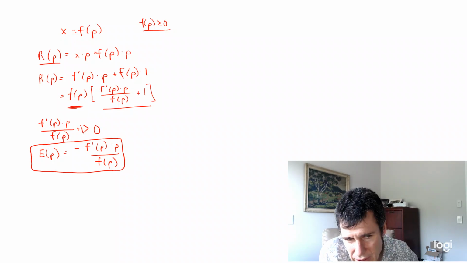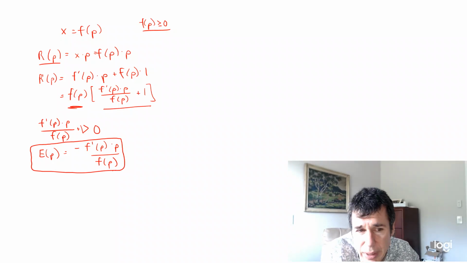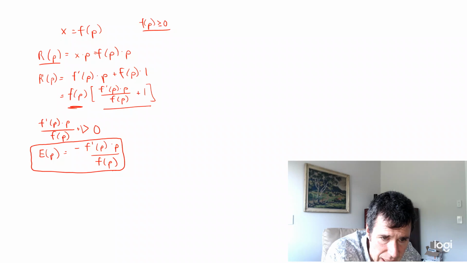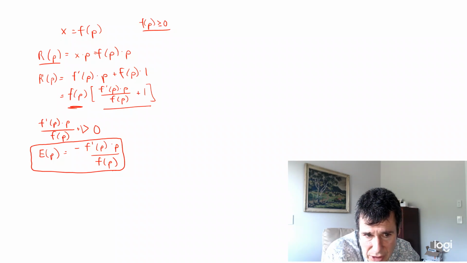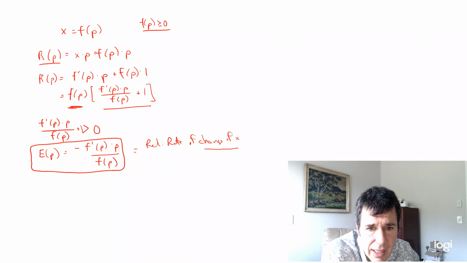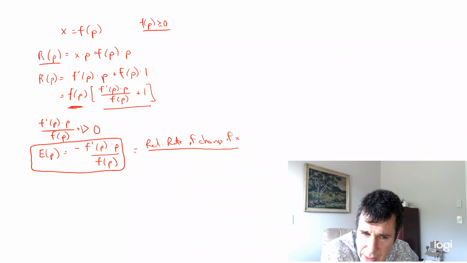We can actually, if we think about relative rate of change, look at this again and go, well, hang on a second. Here's this function. We've got F prime of P over F of P. That's the relative rate of change of X. And then we've got a P in the numerator.